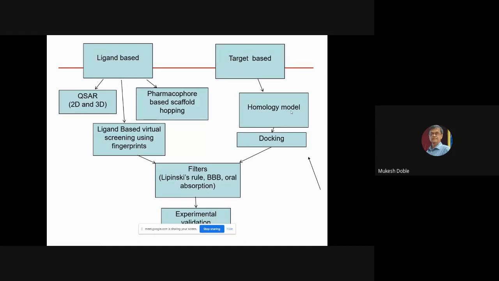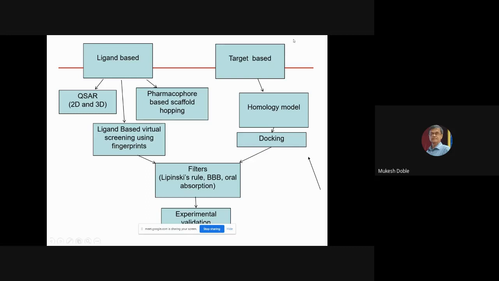So we first compare the sequence of our protein, which we have isolated from some research, with the existing protein, and then we see which one has highest sequence similarity, and then we will take the 3D structure of that protein, which is called the template, and then we build our protein, which is called the target. So Swiss model building is a very good software which does both this job together. So homology modeling.